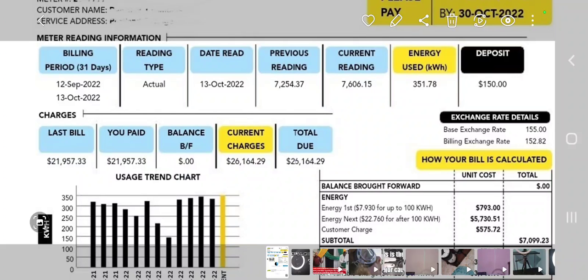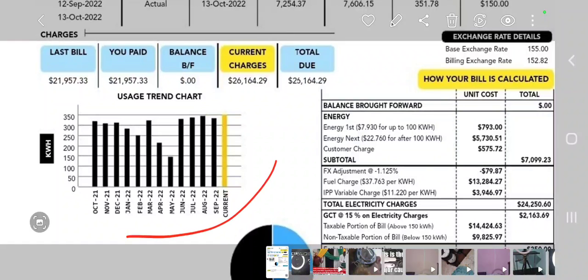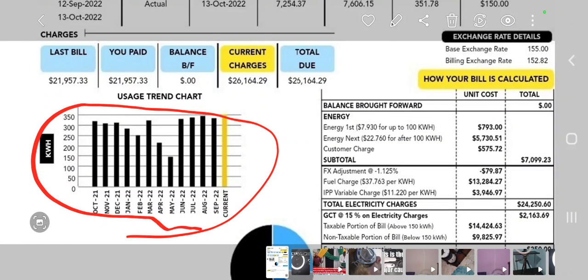But before we get to that, let's go to this chart over here, this beautiful bar chart. This bar chart shows you your usage for the past 12 months, and your usage is in kilowatt hours. It shows you a beautiful trend.